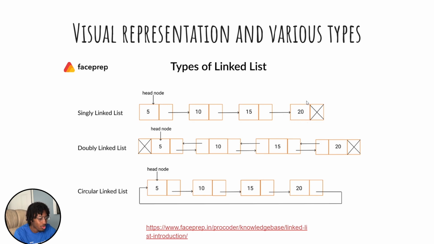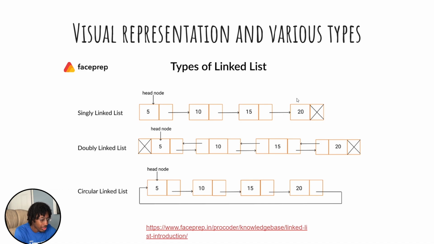This node here, 20, contains the value 20, but its next reference is not pointing to anything. So the last item in a singly linked list is going to point its next reference to null or none. So that's how we can tell that the linked list is done. That's how we can tell we've reached the end of the linked list, because this last element's next reference will be none or null.